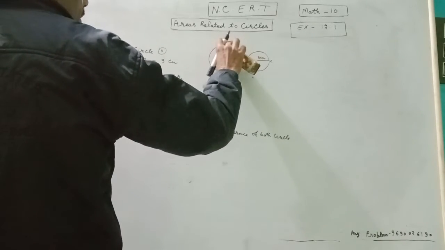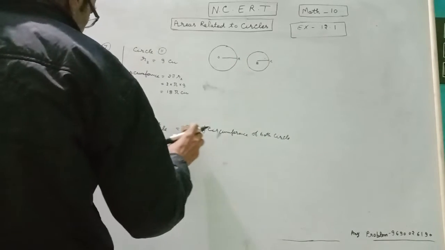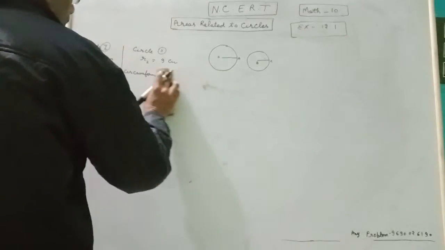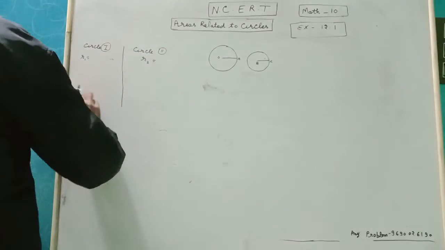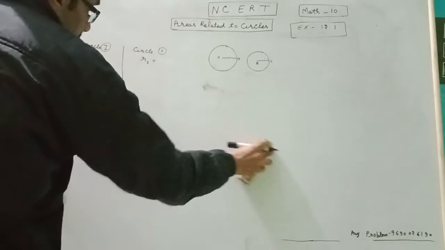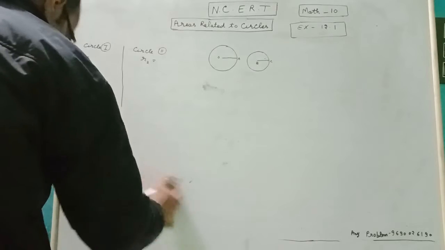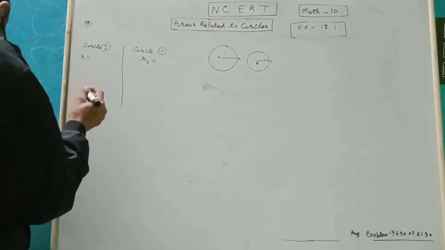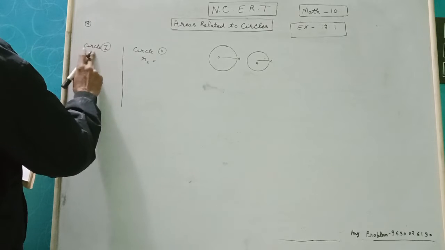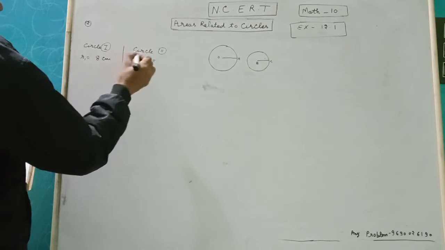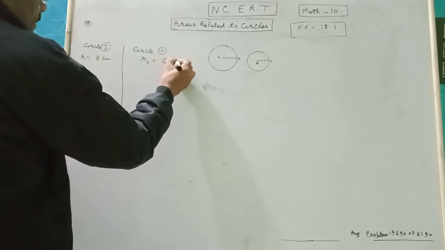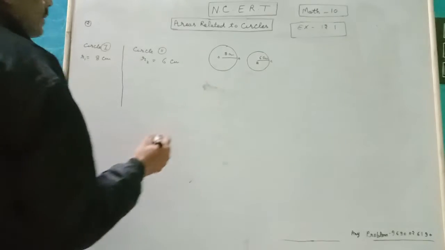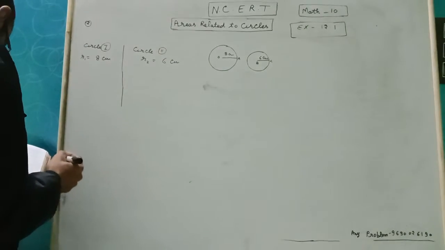The radius of the first circle is 8 cm and the second circle is 6 cm. 8 cm and 6 cm are the two circles given in the question.